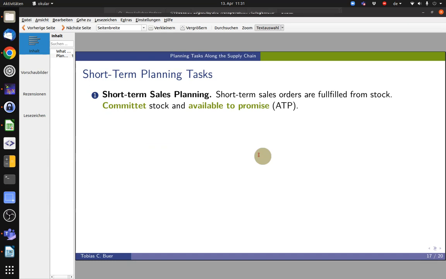Then these 20 items are committed and our sales guys can easily offer the remaining 80 items to new customers. And these 80 items are called available to promise. We can promise them to other customers.